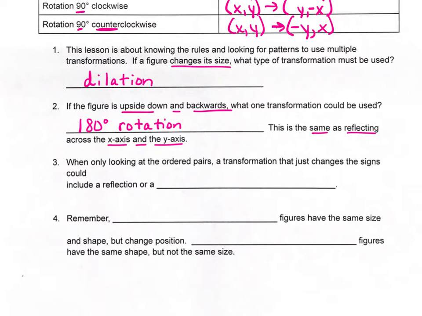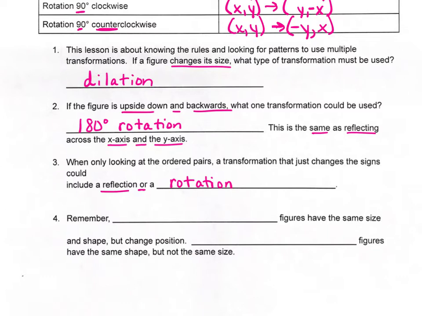Number 3, when only looking at the ordered pairs, a transformation that just changes the signs could include a reflection or a rotation. It could be a 180-degree rotation if the signs are all that change. If the coordinates swap and some signs change, then we're probably looking at a 90-degree rotation.